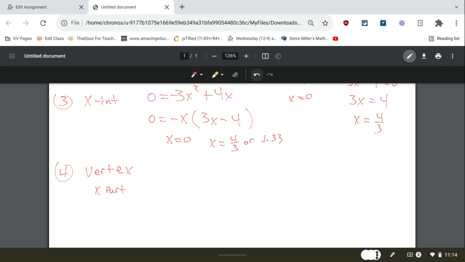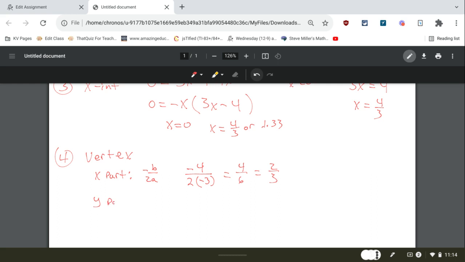To find the x part of the vertex, we're going to do negative b over 2a. So negative b is going to be negative 4 over 2 times a, which is negative 3. The negatives are just going to cancel out, so you're left with 4 over 6 or 2/3. That's going to be the x part of our vertex.